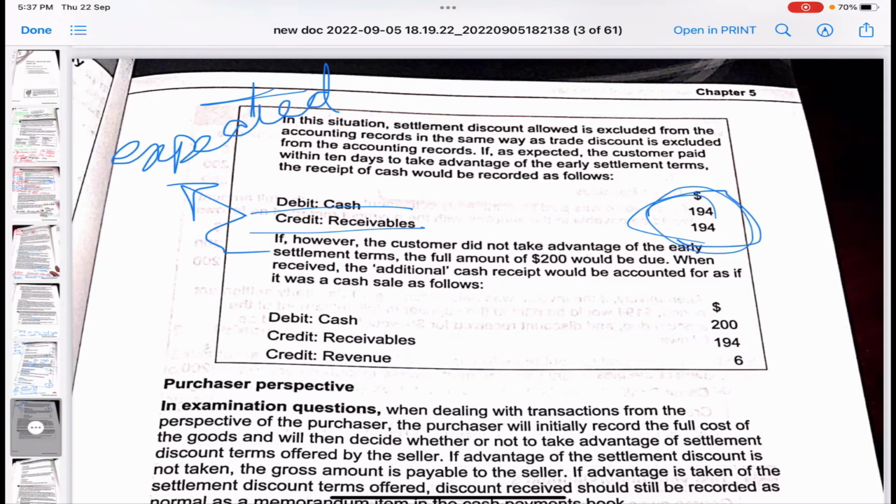Okay, so now if the person was expected to take the discount but in the end they did not take the discount, in such a situation our revenue will increase, because even though our invoice was of less value, they will be giving us more. Why? Because the due date has passed.